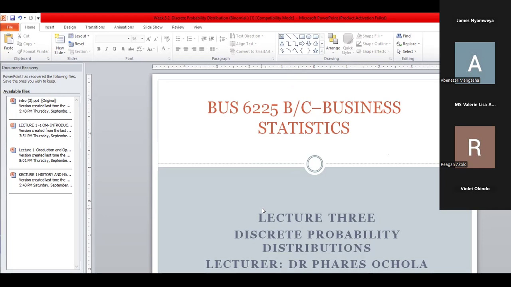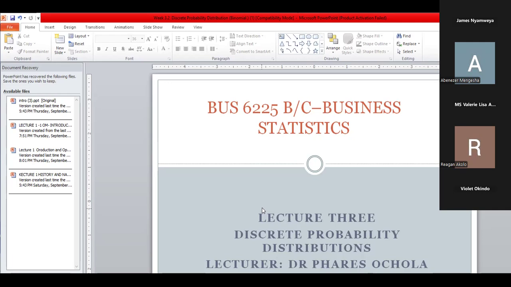So there are broadly two types of probability distributions. The first one are called discrete probability distributions. These are used to model discrete random variables.